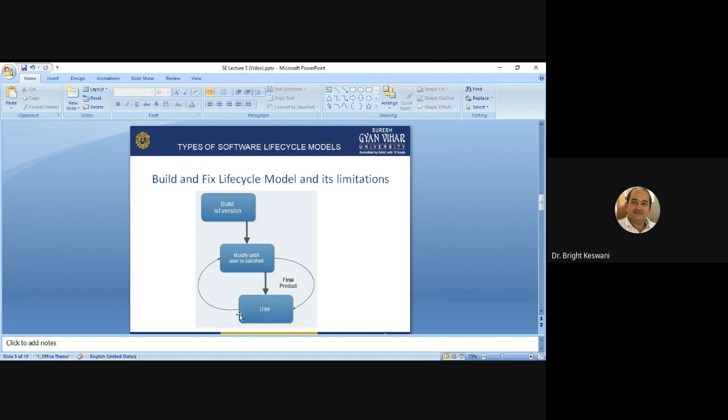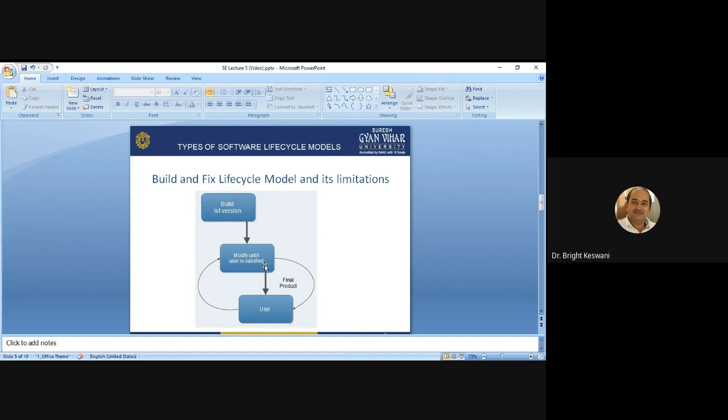If the user is not satisfied, then build it, rebuild it again until the user is satisfied. If the user is satisfied, then use the final product. This is the basic idea about the build and fix lifecycle model.